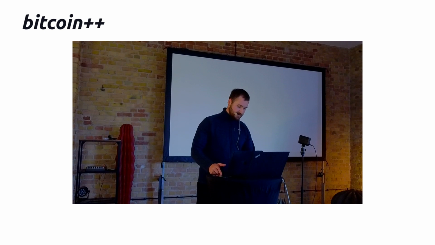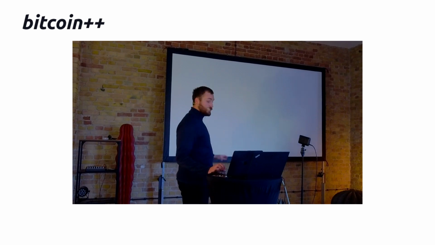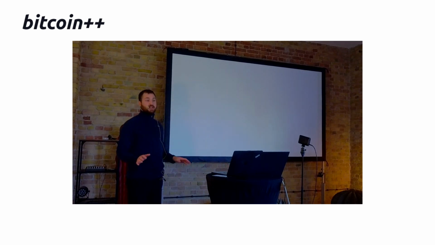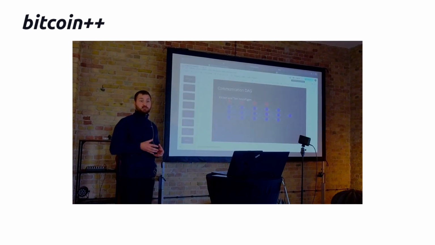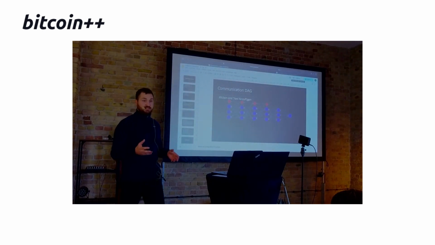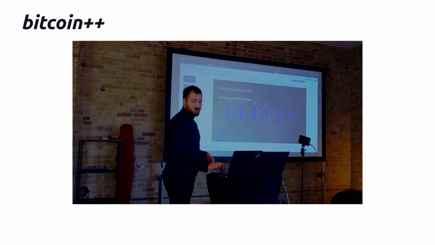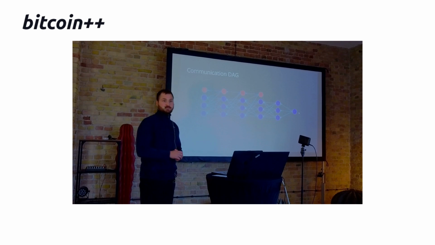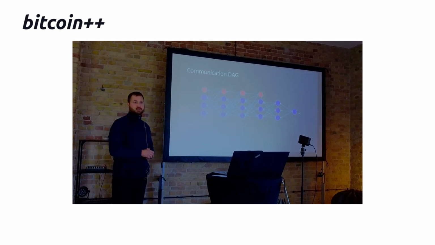Just receive units, wait for a threshold, wait at least 50 milliseconds since you created the last unit, commit to the units from the previous round via a hash, and then add this new unit to your local graph, start broadcasting it, and move on. So it's really just a few hundred lines doing this.